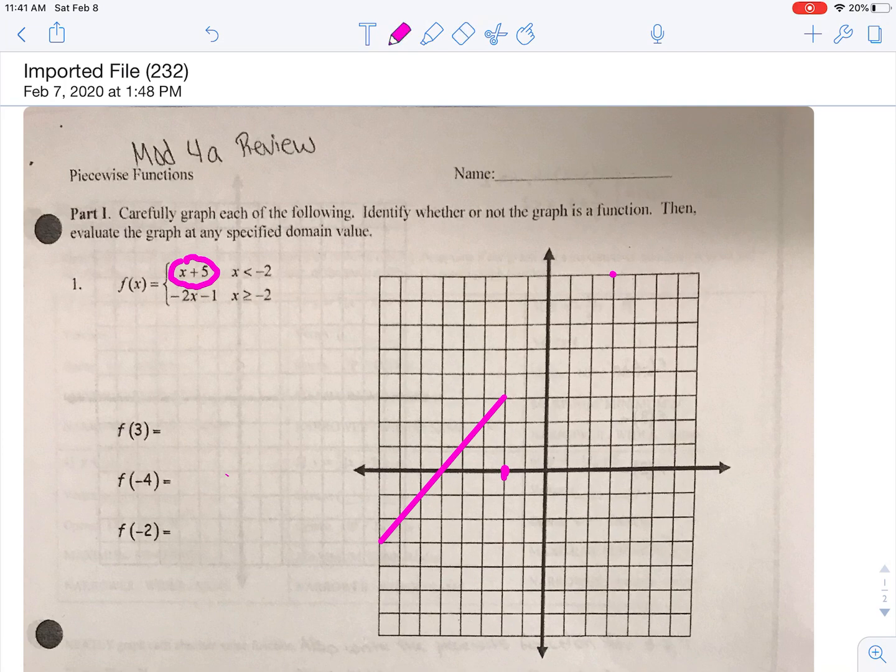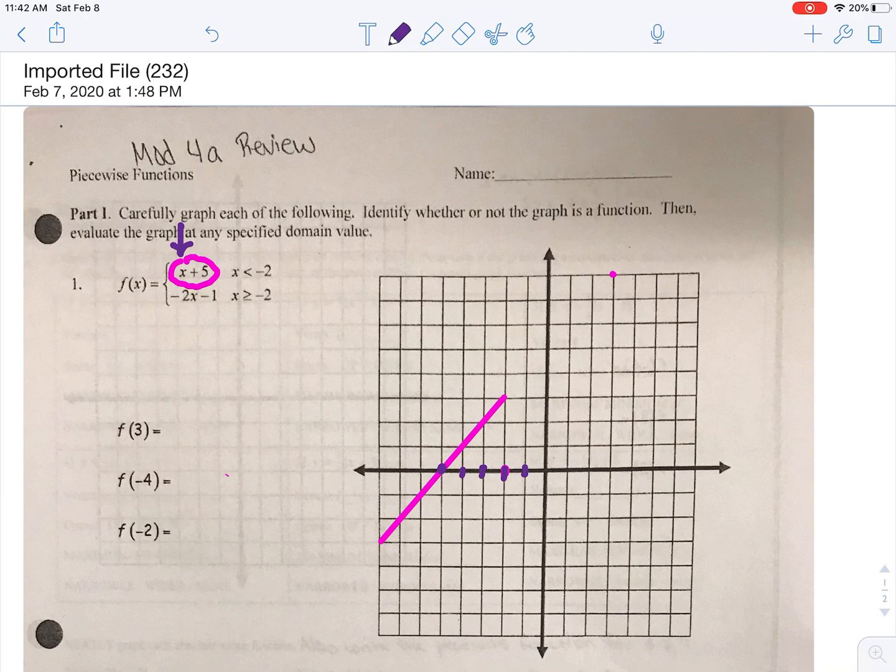Another way to do that, if you didn't understand that, is to plug in numbers that are less than -2 and see what happens. We did that a lot in class. For example, if I plug in -5, do you see how -5 plus 5 is 0?